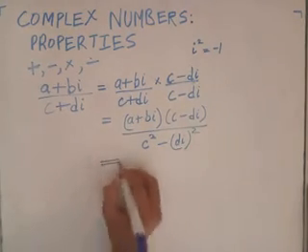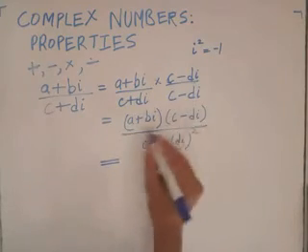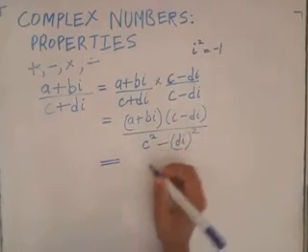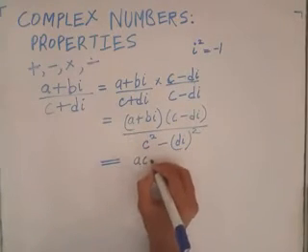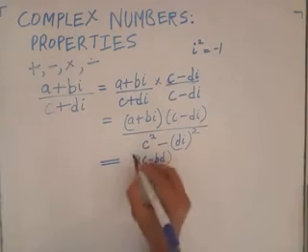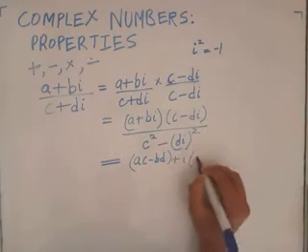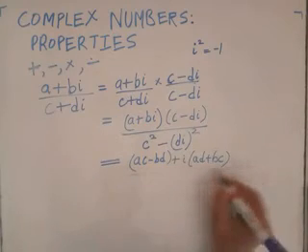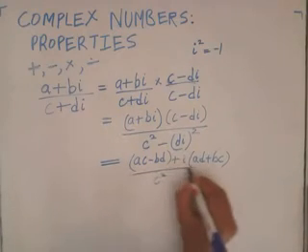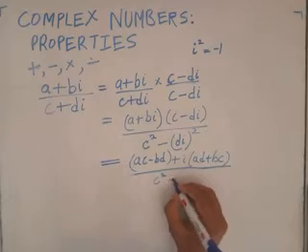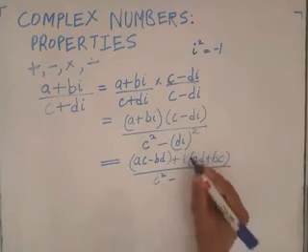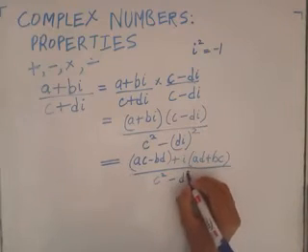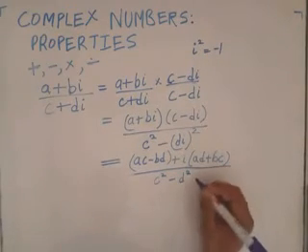And finally, if I simplify this using the previous formula that we saw, this is just AC minus BD plus i times AD plus BC, divided by c square minus di square. Just like we can multiply each term separately like real numbers, we do the same for imaginary numbers.